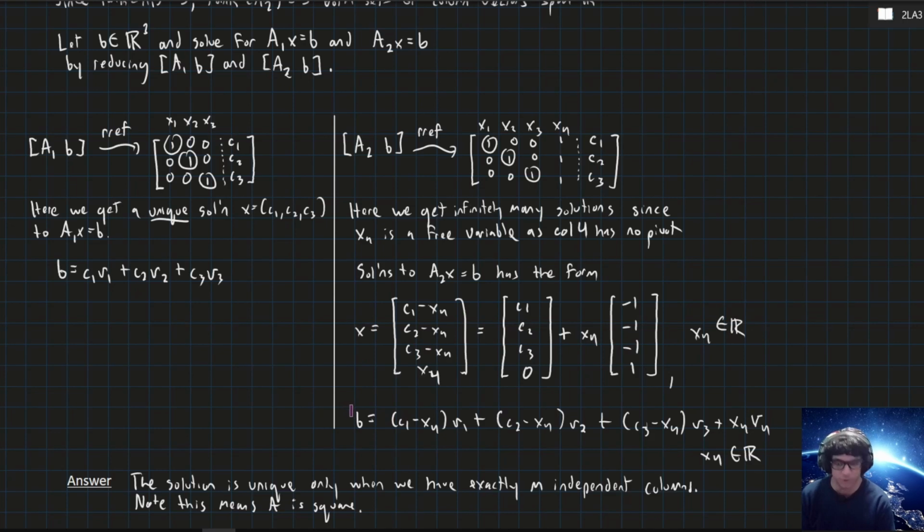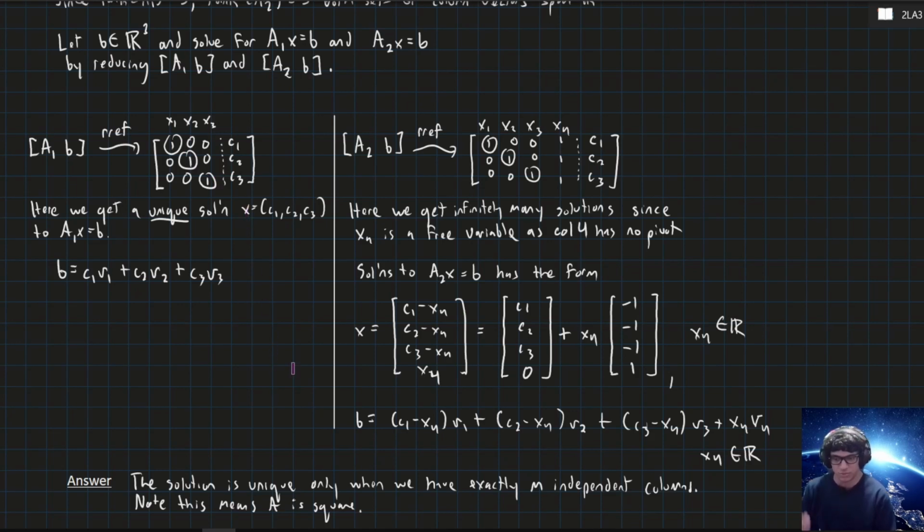And we can also write B as a linear combination of the V's, where these are the weights, coming from here. Again, we let x4 run over all the real numbers. So this is quite messy, and this is quite clean over here.